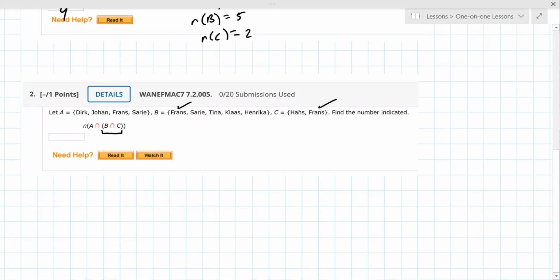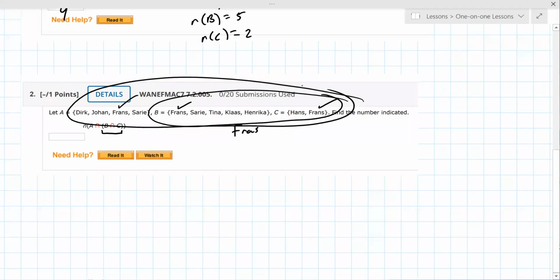Hans doesn't appear in both, but Franz does. So B intersect C is just Franz. Now how many of these names are also in A? That's also Franz. So you first start with these 2, and then combine with A. But the only one that overlaps is Franz. The answer is 1 there.